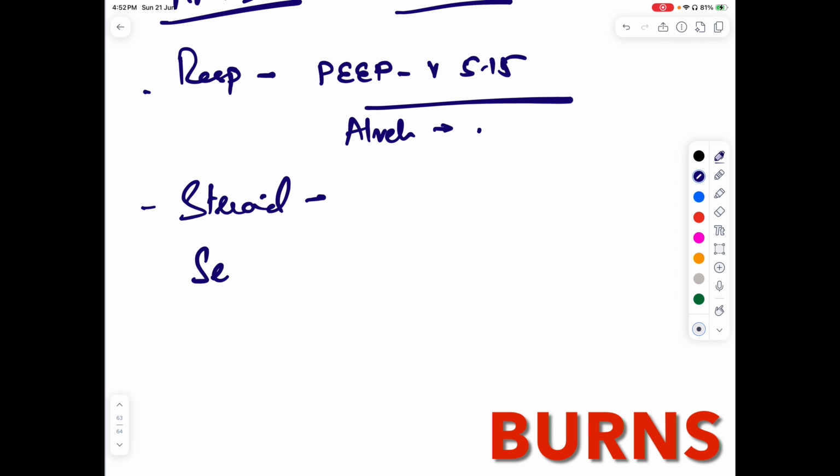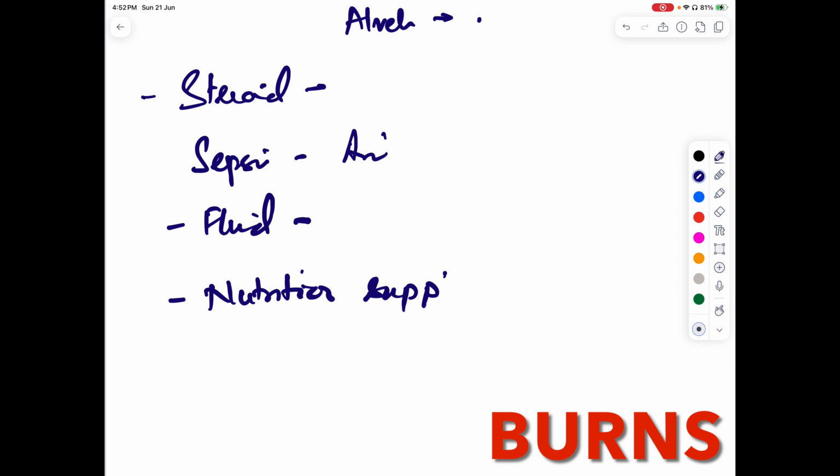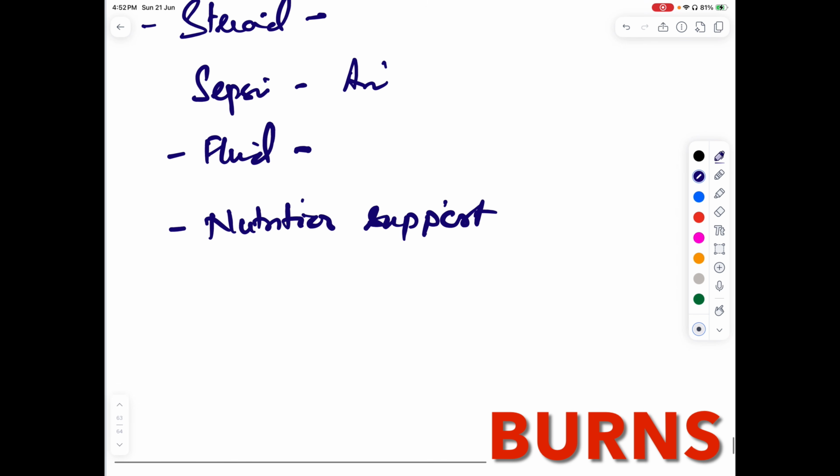Manage the sepsis by giving antibiotics and identifying the organisms. Hemodynamic fluid management has to be done. Fluid calculation has to be done. Output has to be monitored. A Swan-Ganz catheter can be passed to maintain the pressures and positive inotropes. And then you have to manage nutrition support. Patient needs nutrition and all that.